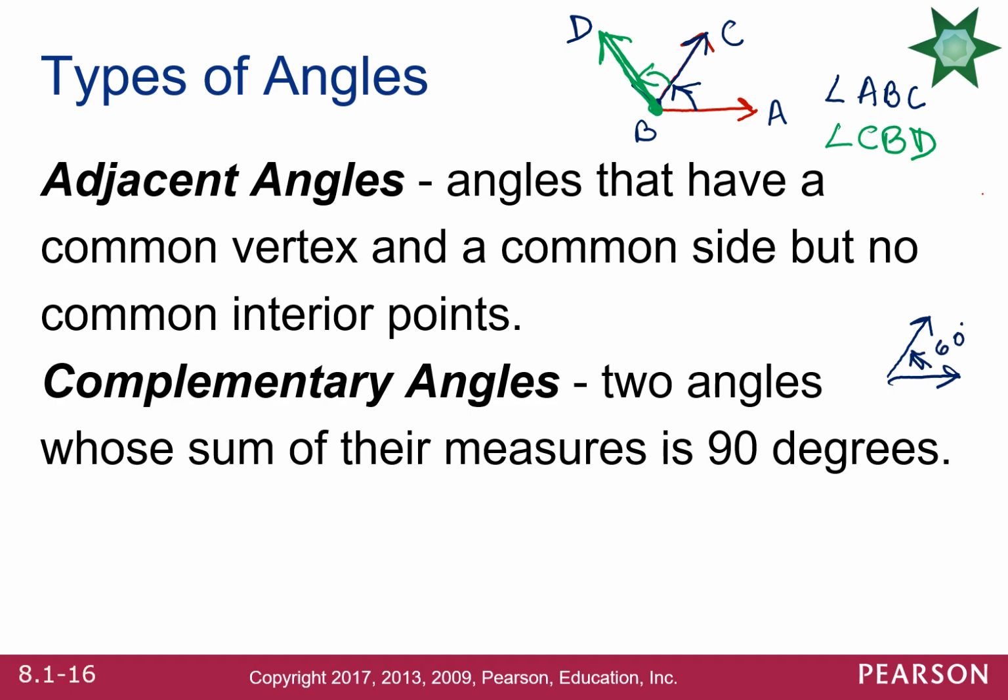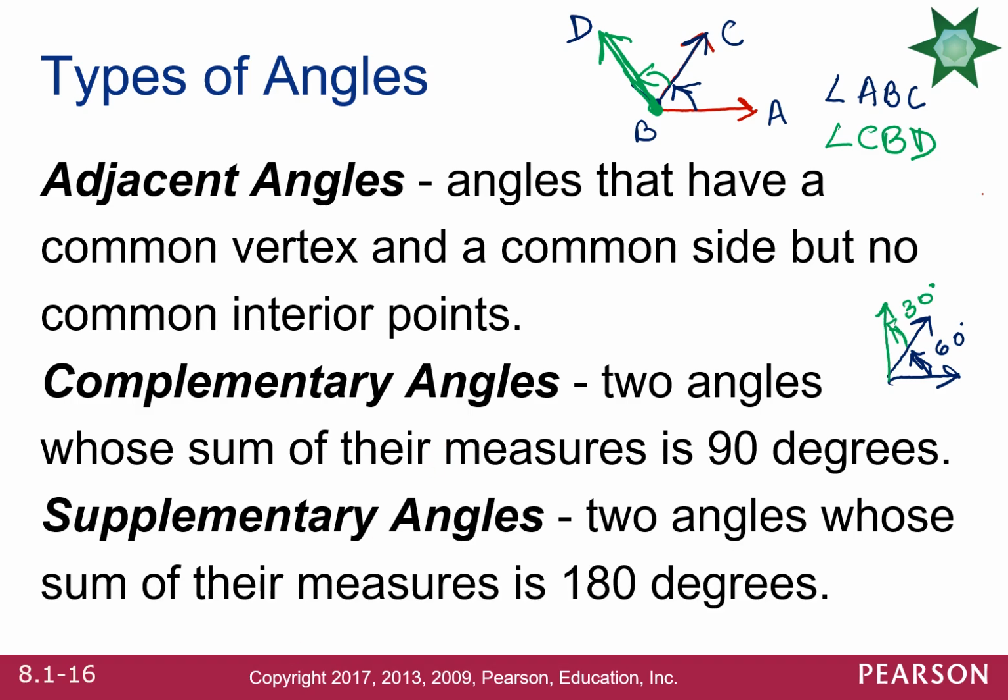Then I draw another angle here which is 30 degrees from this terminal side. So 60 degrees plus 30 degrees is 90 degrees, correct? These two angles whose sum of their measures is 90 degrees are called complementary angles.